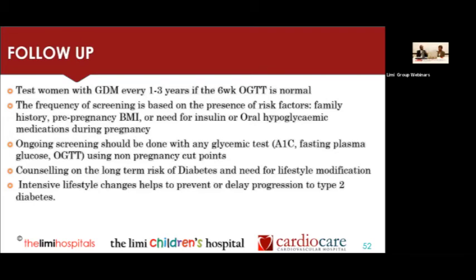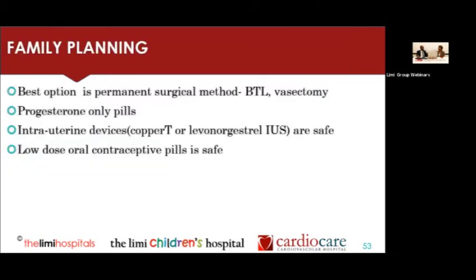So we should screen them long-term, and we can utilize any of the normal screening parameters. We should remember to use pre-pregnancy values or normal diabetes screening values, not the GDM values, when we are screening such patients later on along the line. And of course, as I mentioned earlier, we need to build on the changes they made in pregnancy.